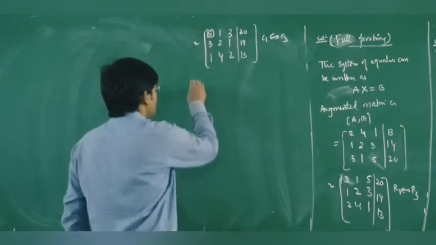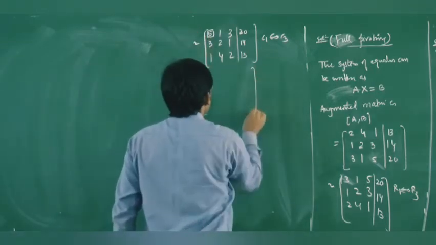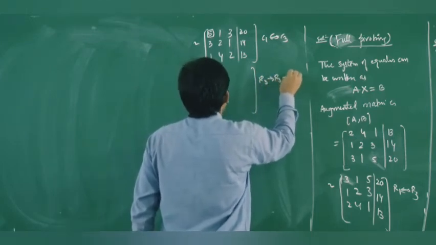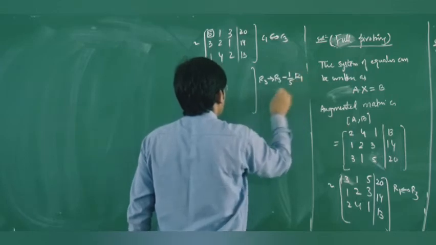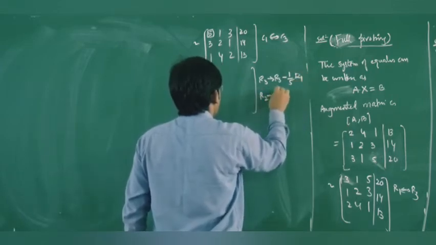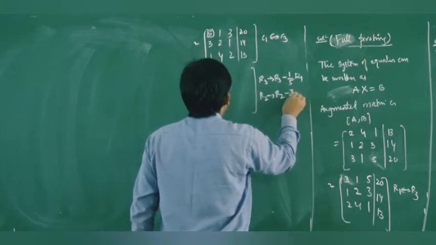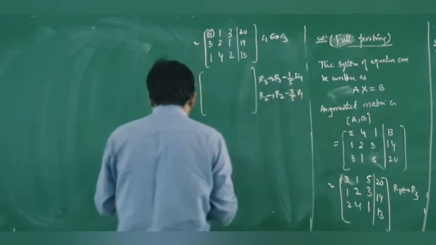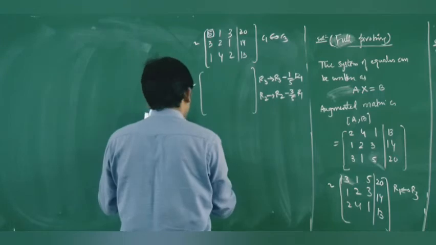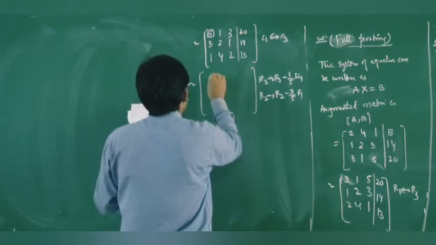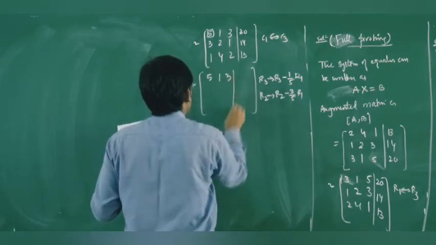For that, we will use the operation R3 minus 1/5 of R1. In R2, we will use the operation minus 3/5 of R1. Now after applying these two operations, the first row is 5, 1, 3, 20.